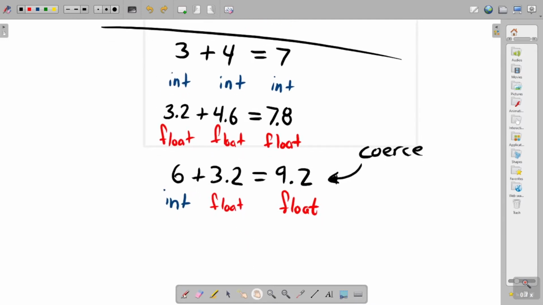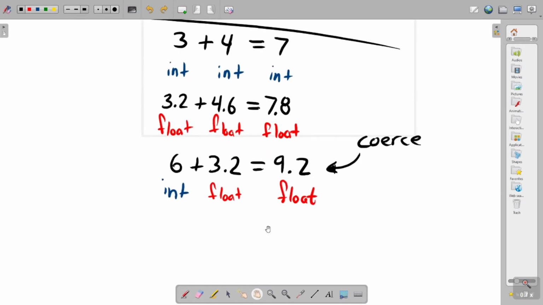Let's just do a few more examples here. So it's kind of important to consider the fact that this happens, because if you want to do integer division, then you're going to need to do something special, and if we want a number to be a float, then we're going to need to do something special as well.